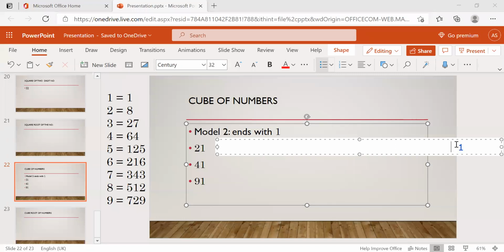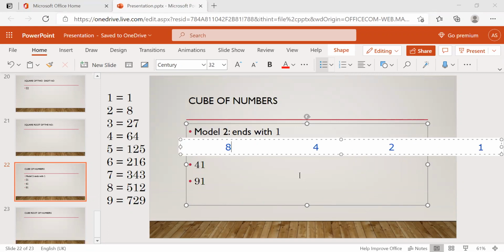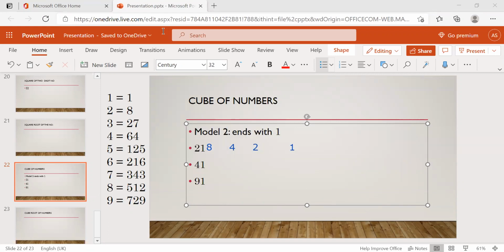Then 2, then 2 square 4, 2 cube 8, like this.